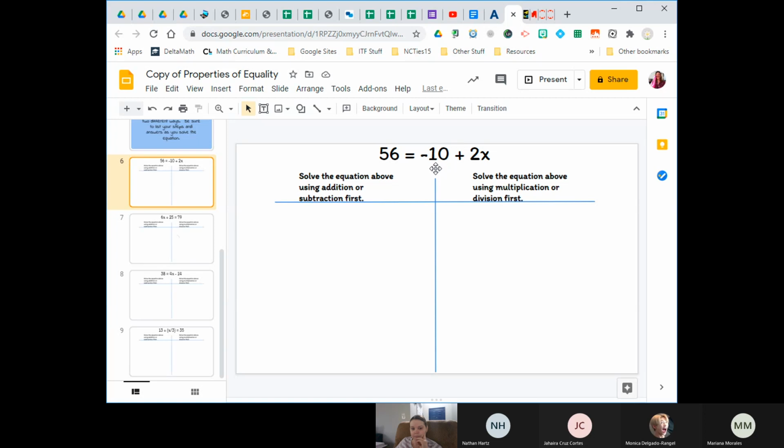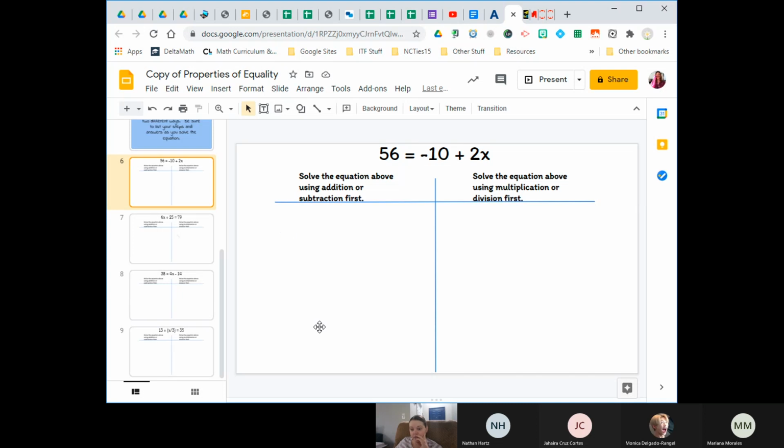What would I do to it? What is the opposite of subtraction? Because that's what this negative means, is we're subtracting 10. Right. So we're going to add 10 to both sides of the equal sign first.